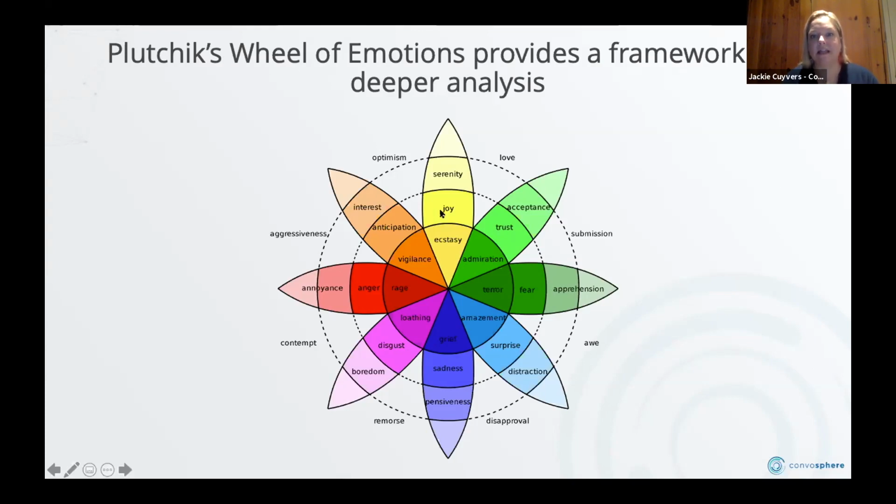That's this third ring down of joy, trust, fear, surprise, sadness, disgust, anger, and anticipation. And then there are varying levels of depth in those emotions. When we're working with the emotional analysis, we use those basic emotions to categorize the conversation or the posts within our data set.